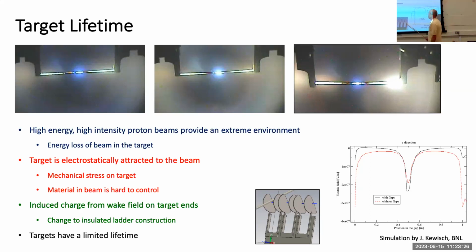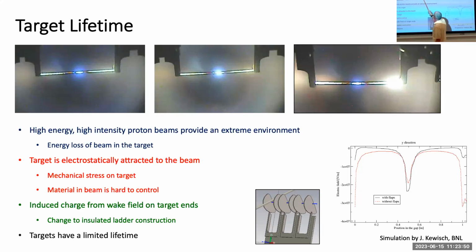But what we also observed, and these are real pictures taken by camera in the beam pipe, is if you just come close enough to the beam, if you don't even touch the beam yet, there's a wake field that the bunches carry with them behind them, and this wake field actually induces a charge, a current in the carbon targets.